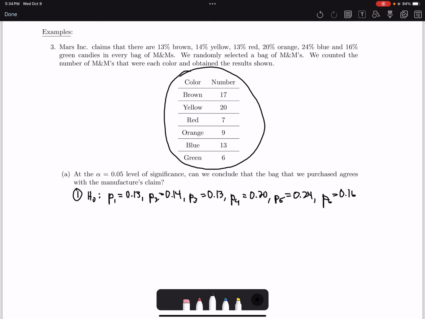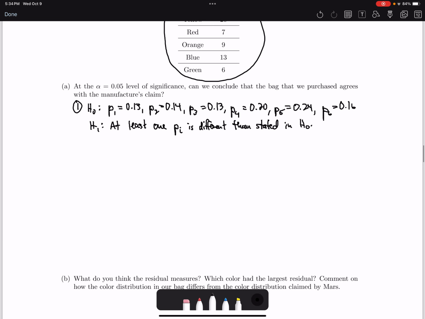The alternative is that at least one proportion is different than stated. Step 2, I'm going to leave that up to the computer to do for us, okay? So we'll kind of move on to step 3 and get our p-value.